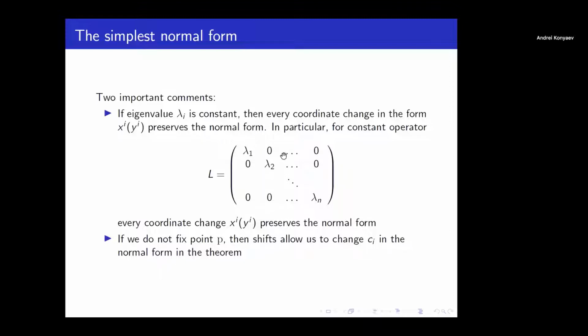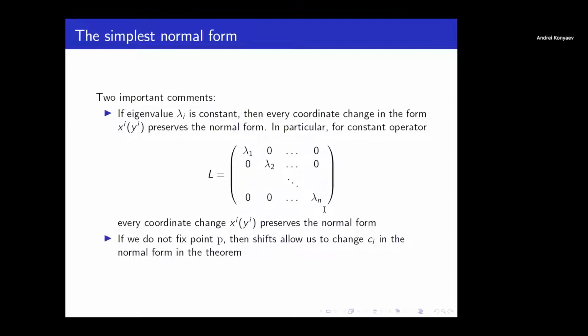The same matrix looks absolutely the same, but lambda 1, lambda 2, and lambda n are all constants. This normal form is again unique, but how many coordinate systems do we have with this unique form? It turns out that we have an infinite number, because any coordinate change does not change a constant function.